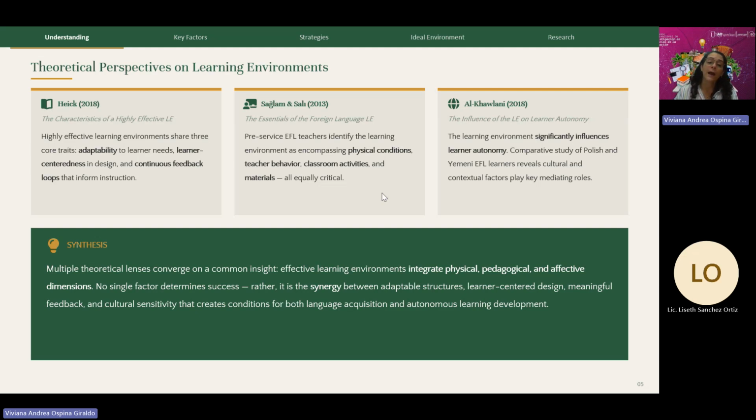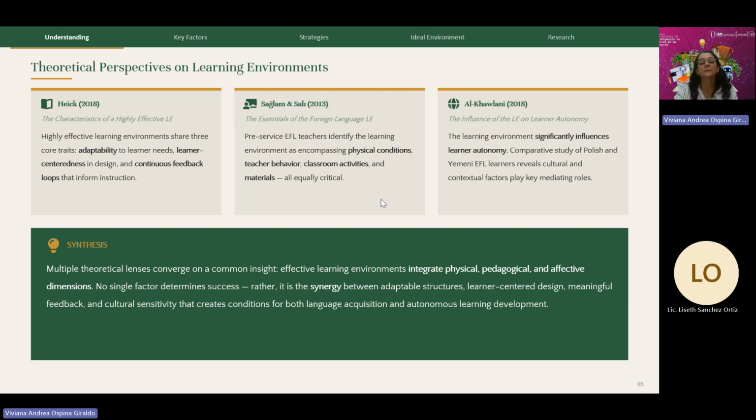These authors have something in common where they mention that the classrooms, the learning environments, the platforms, the virtual environments, they need to be adaptable, they need to be learner-centered, and they'll also need to have all the physical conditions to be able to get the student engaged in this learning process.